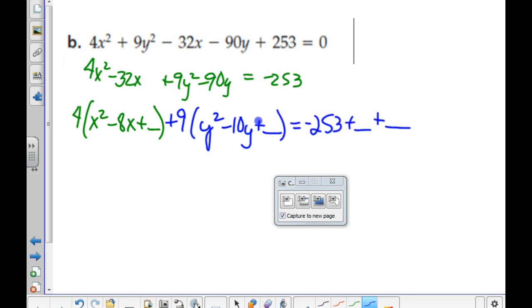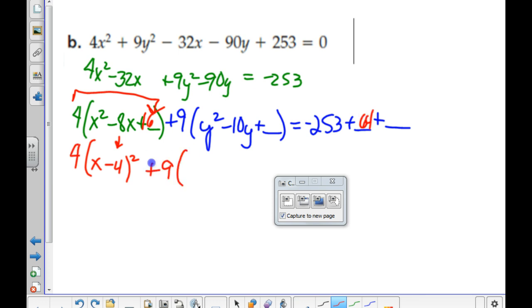All right, I need some calculator help here. I take half of this and get x minus 4. When I want to make that equivalent, this would be a 16, not a 64. Four times 16, though, is what we have to add to the other side, and that's where some of you messed up on the quiz. Back here, we get y minus 5 squared is a 25, but 9 times 25.